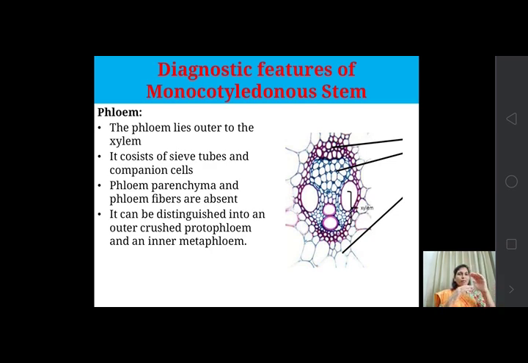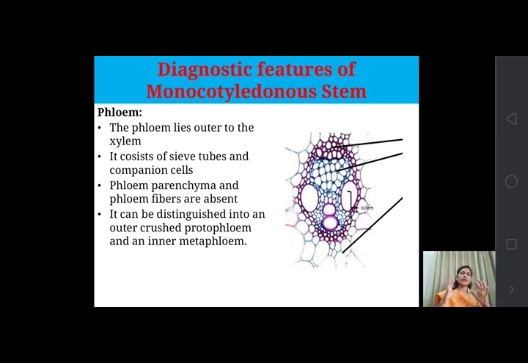The upper part is somewhat crushed, and that crushed part is known as the protophloem, and the remaining part, the inner part to the crushed protophloem, is the metaphloem. So the xylem shows metaxylem and protoxylem, and the phloem also shows protophloem and metaphloem. Okay, so this is about the vascular tissues.